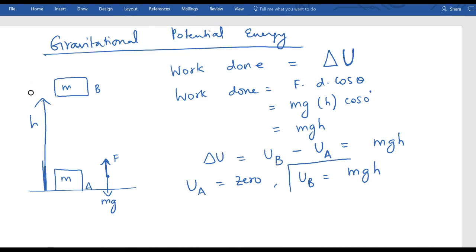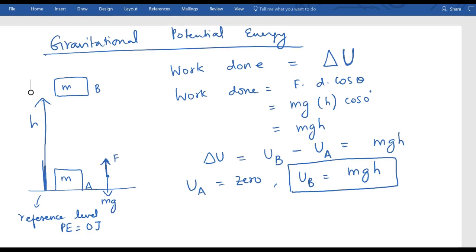So the gravitational potential energy of any object is given by the mass times acceleration due to gravity times the height of the object measured from your reference frame. Your reference frame is nothing but your choice of 0 potential energy. So in any problem situation, the choice of 0 potential energy is completely yours.